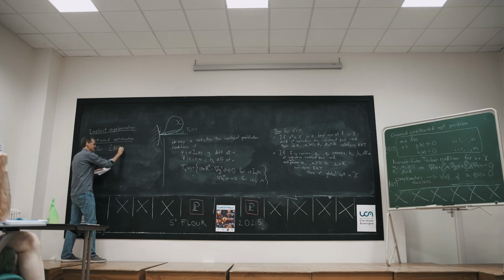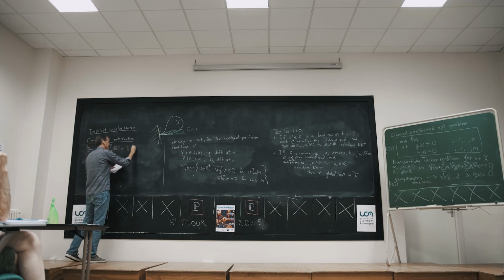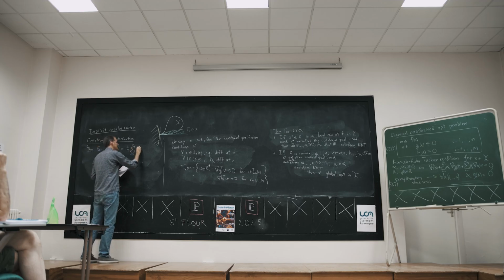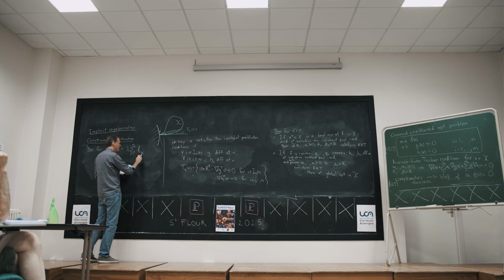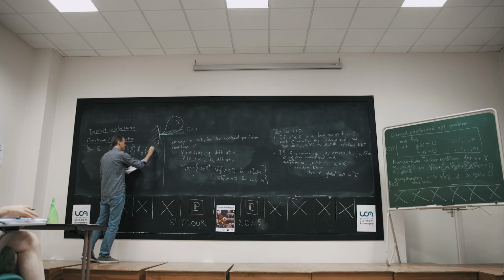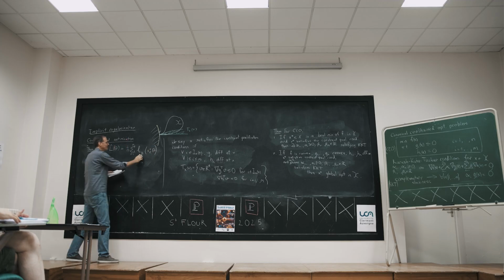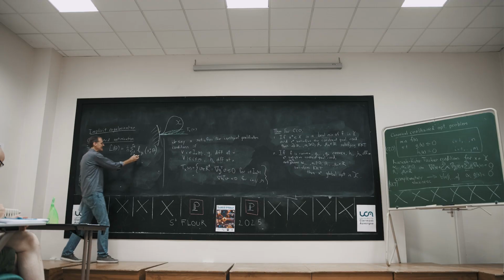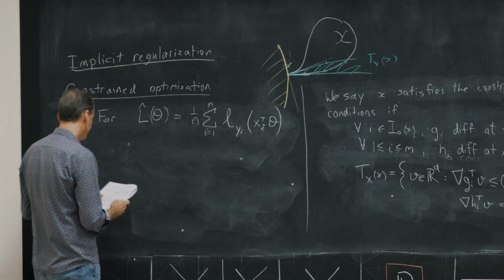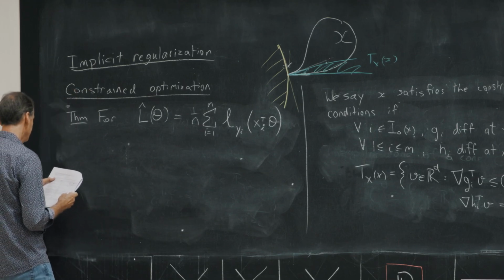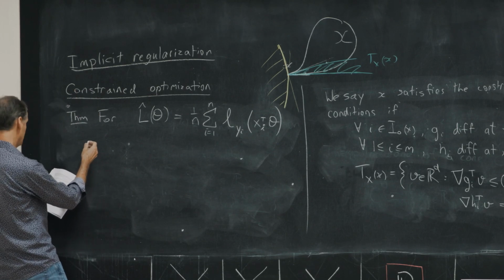The empirical risk we'll look at is the expectation under the empirical distribution of, and we'll write these losses as L sub yi, so in general a different loss for each outcome, of xi transpose theta.